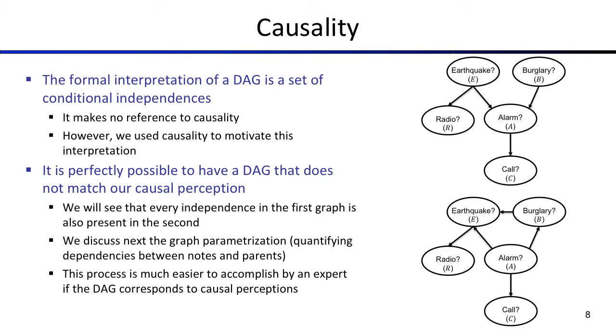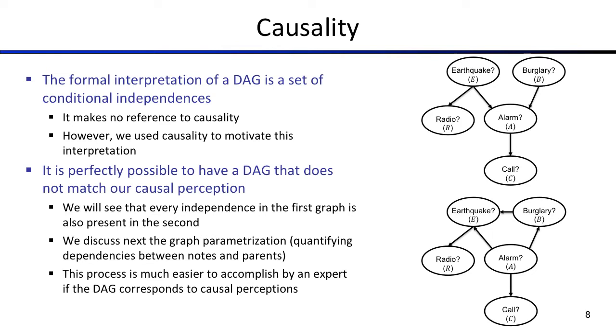But it's very important to say that the definition of Bayesian networks does not mention anything related to causality. So causality is sort of a tool for modeling the Bayesian network. But it's totally possible to build the Bayesian network and one of those DAGs not using causation at all.